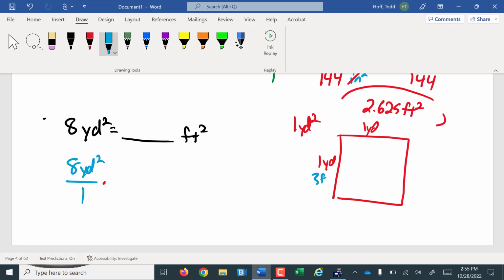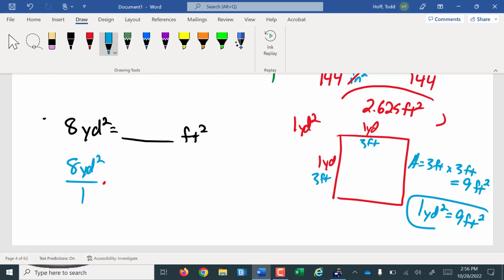And so that would be 3 feet by 3 feet. So that area, 3 feet times 3 feet is 9 square feet. So 1 square yard equals 9 square feet.